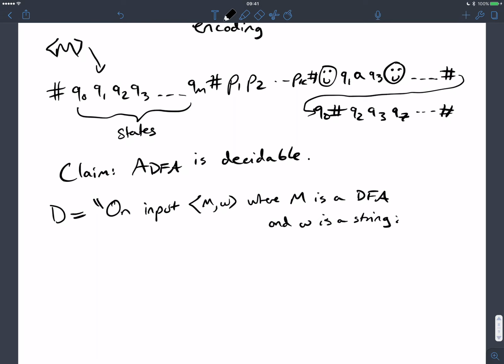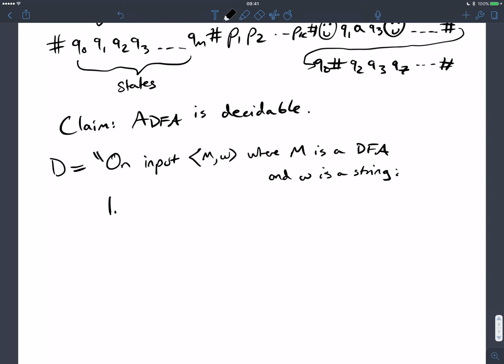This little check at the beginning, where M is a DFA and W is a string, is just making sure that it's formatted correctly and it's not given garbage input, so it can actually extract the information about the DFA from the string.